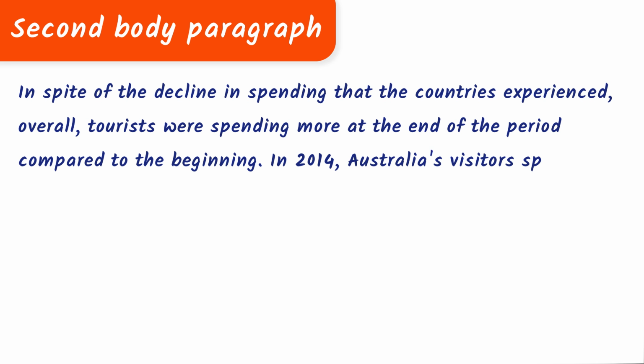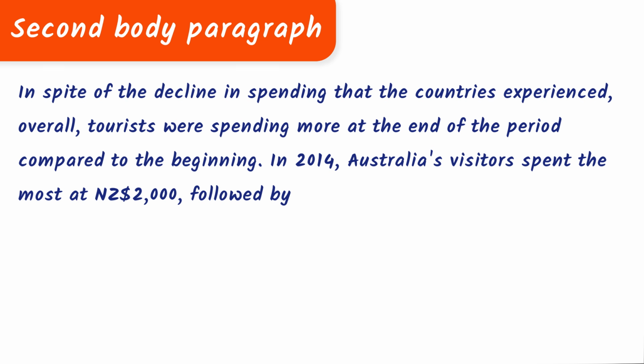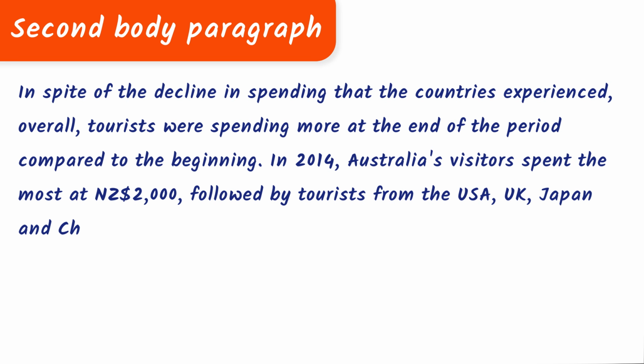Australia's visitors spent the most. Again, as you can see, I'm writing about the most spending at the end of the period. Spent the most at $2,000 New Zealand dollars, followed by tourists from the USA, UK, Japan, and China. And China, which is the lowest, at 400 New Zealand dollars per person.